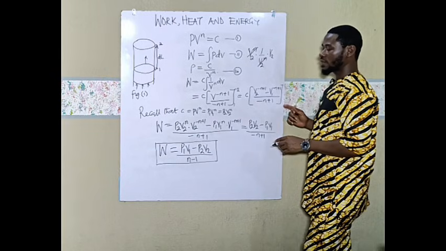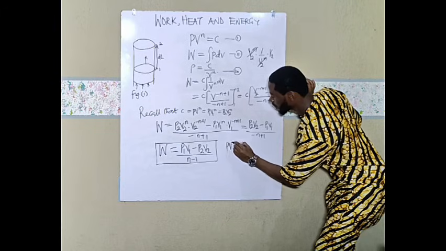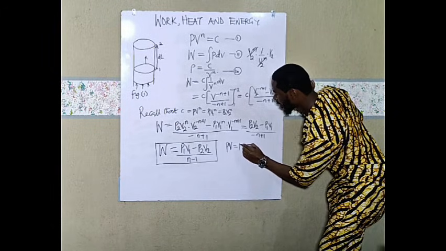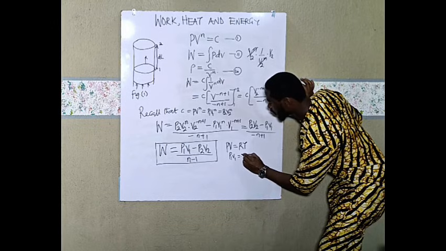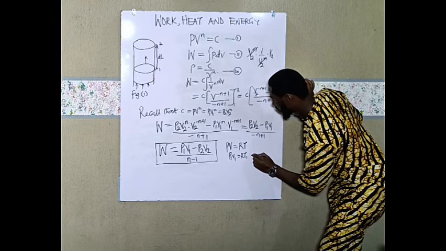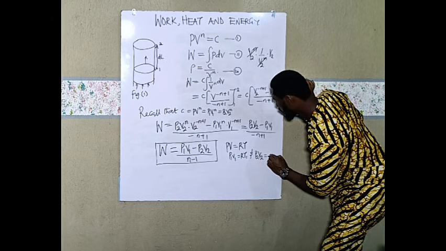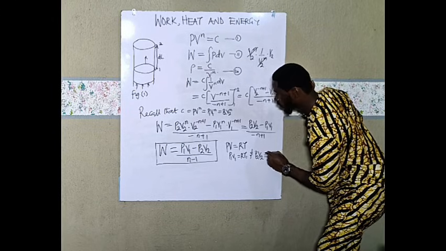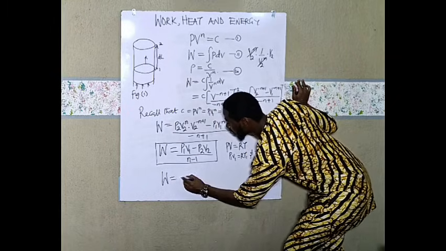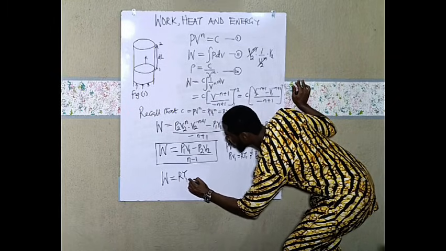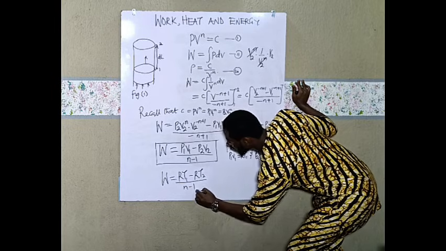Also, if you refer back to the ideal gas equation, which takes this form, PV equals RT, therefore P1 V1 equals RT1 and P2 V2 equals RT2. Now, the work done can also be expressed as RT1 minus RT2 divided by n minus 1.